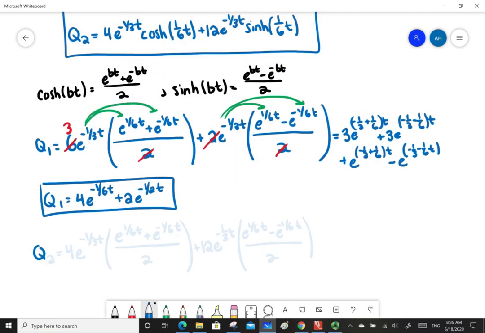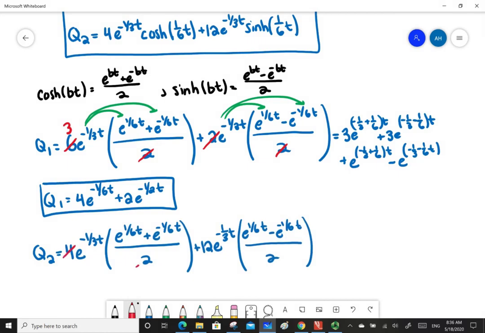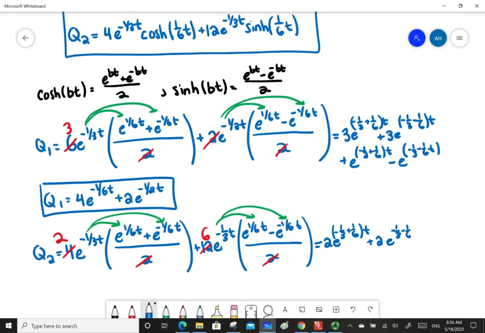For q2, doing the same thing, simplifying and distributing, we get 2e to the negative 1/3 plus 1/6 t plus 2e to the negative 1/3 minus 1/6 t plus 6e to the negative 1/3 plus 1/6 t minus 6e to the negative 1/3 minus 1/6 t.